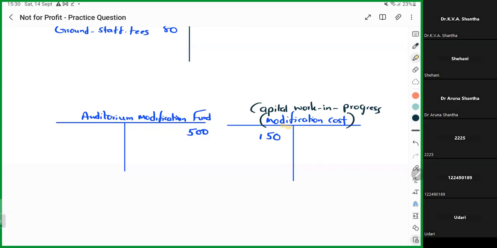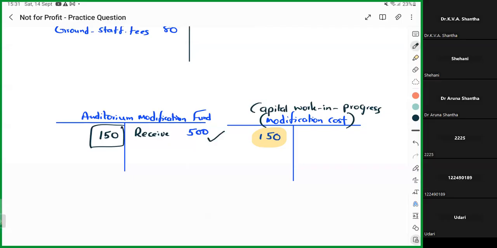Then an amount equal to this modification cost, you can take to your income from the modification fund. Now this is how you account, how you take the donation, special donation to the income. When you receive the donation, you take to the fund. Then you see by the end of the year how much you spent out of that.